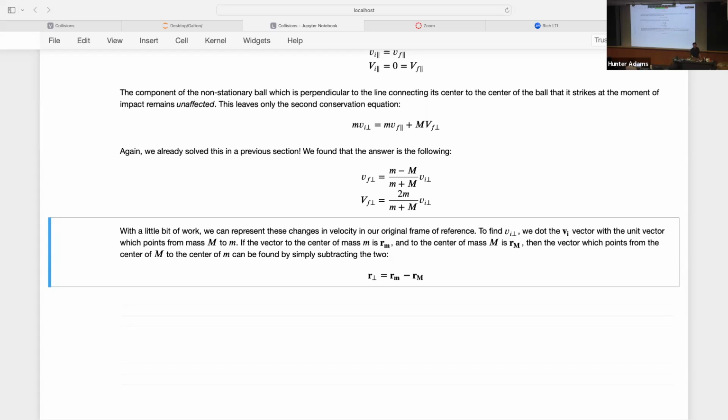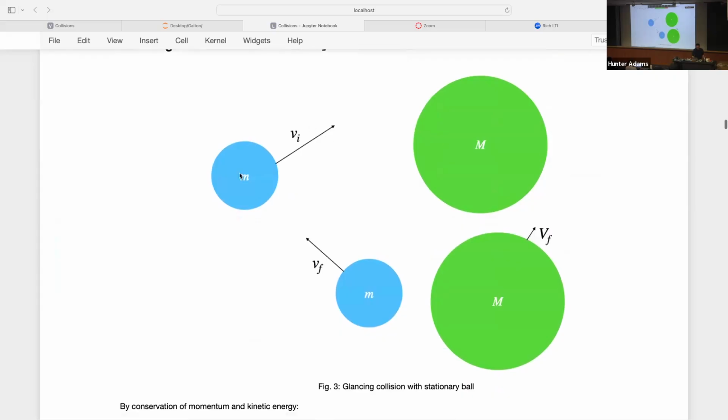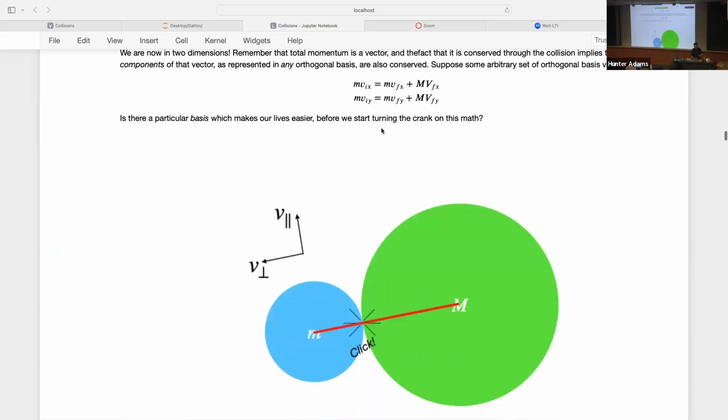So that is to say, we find the unit vector that points from the center of this circle to the center of this circle, and if we do the dot product of that unit vector with our initial velocity, what we end up with is the initial velocity of that little mass in that direction, in that perpendicular direction.